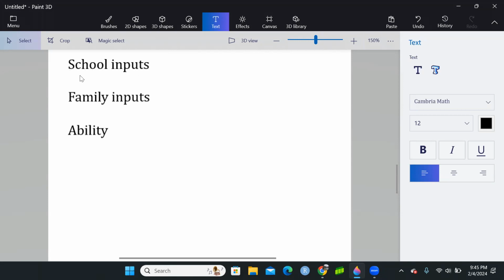Policy decisions can affect how large the teacher pupil ratio is, at least in a public school system. Family inputs are much harder to control through policy measures, but they are also included in the education production function.